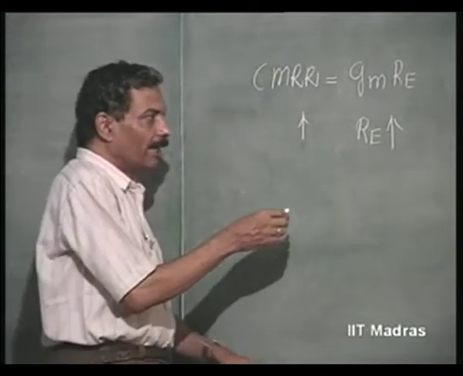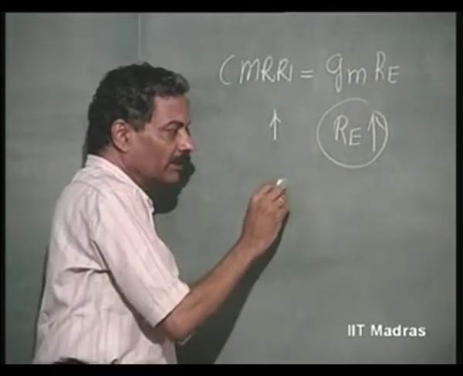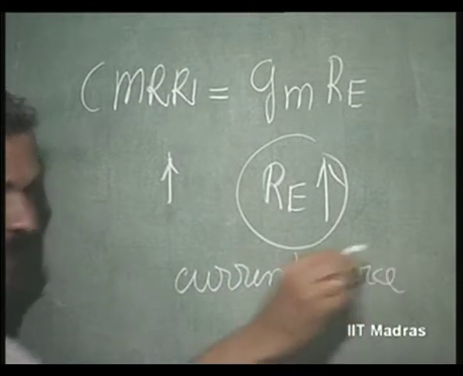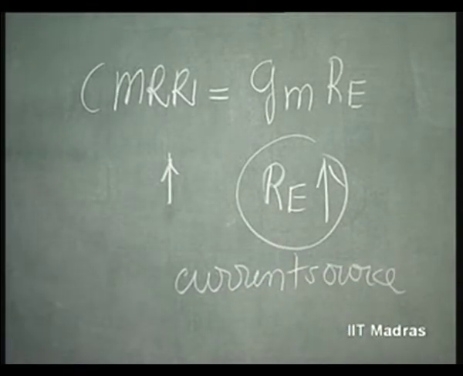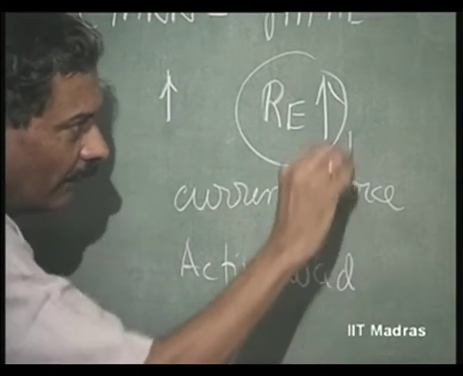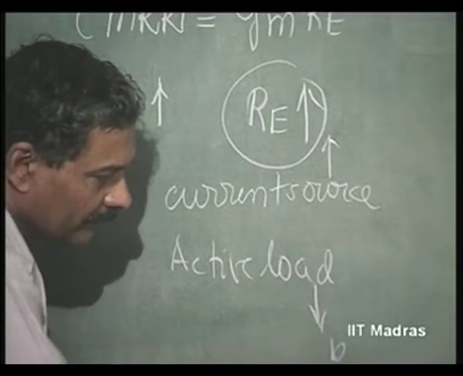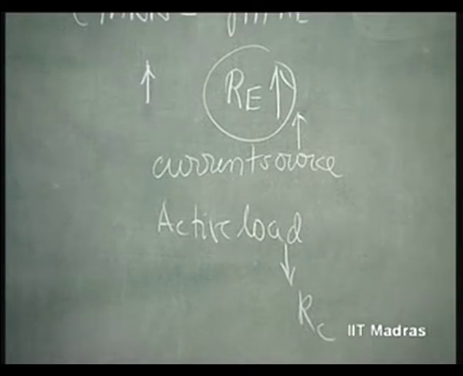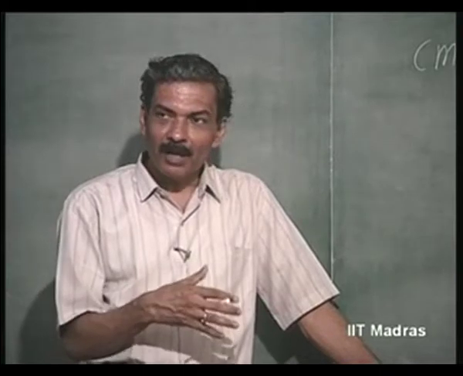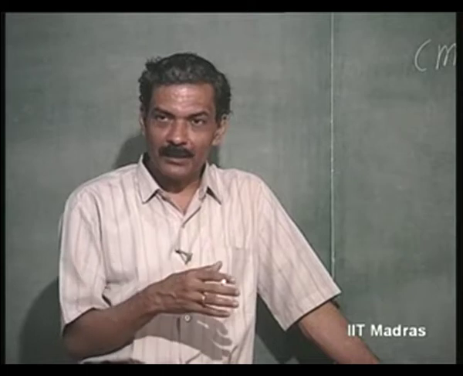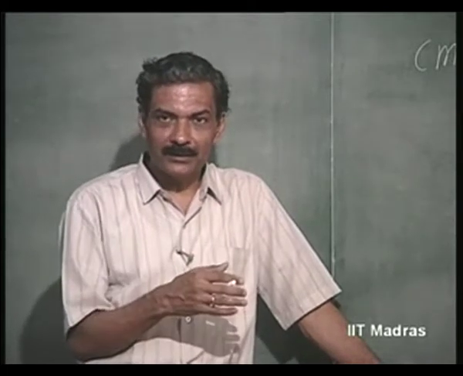So, by introducing what is called a current source in place of RE, and by introducing what is known as an active load in place of RC, we can almost get rid of all the resistors required in our operational amplifier design, and the op amp will comprise only transistors, which take up minimum area compared to resistors plus transistors.